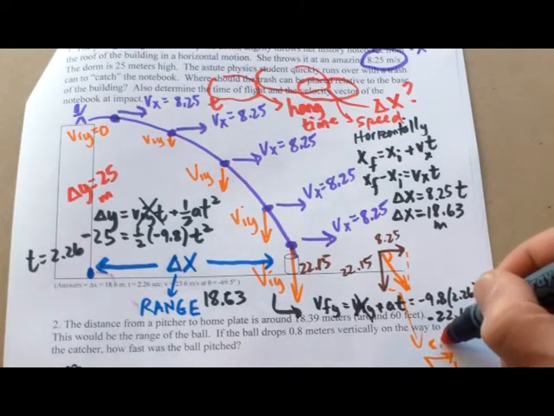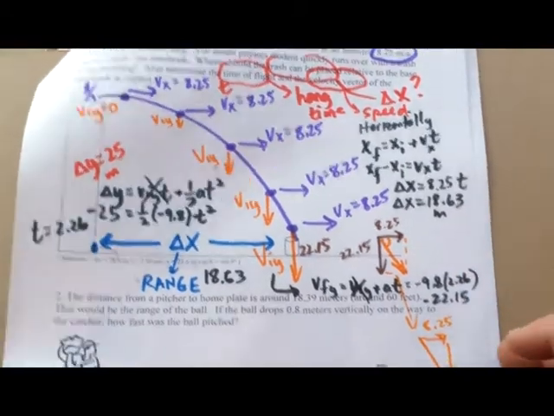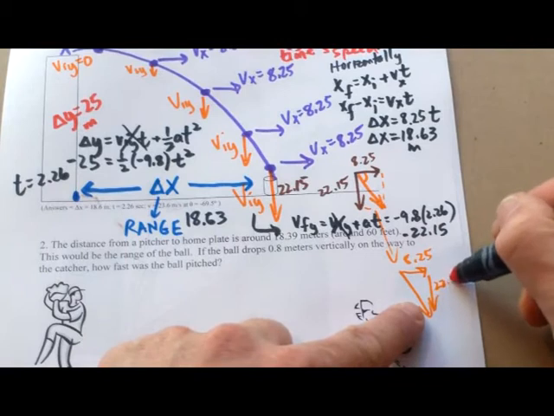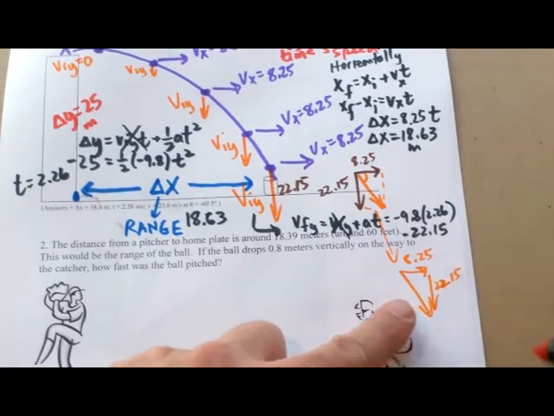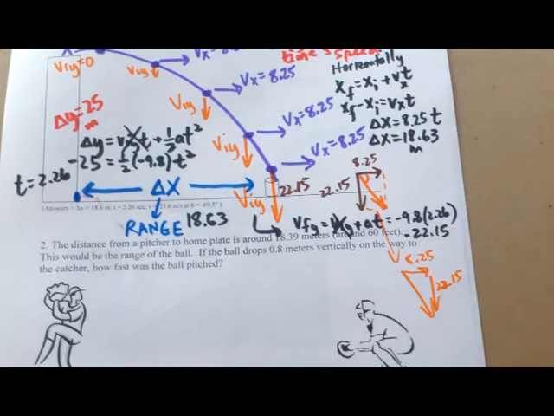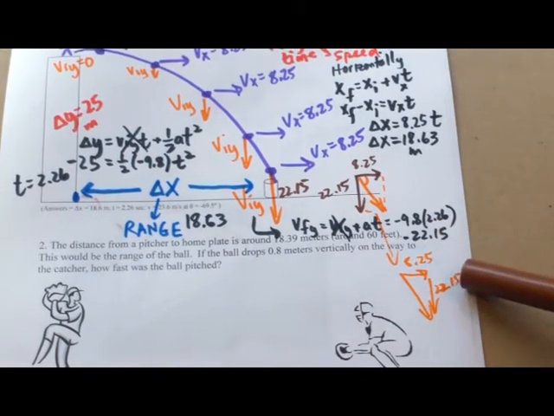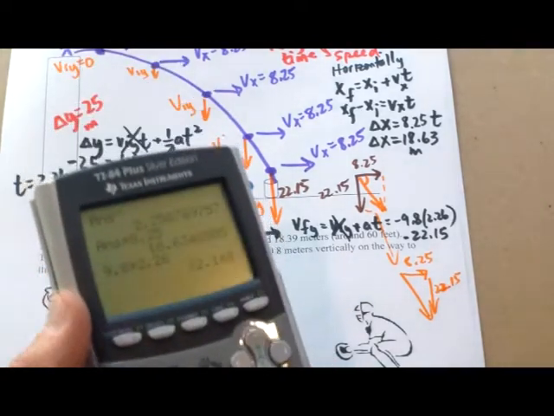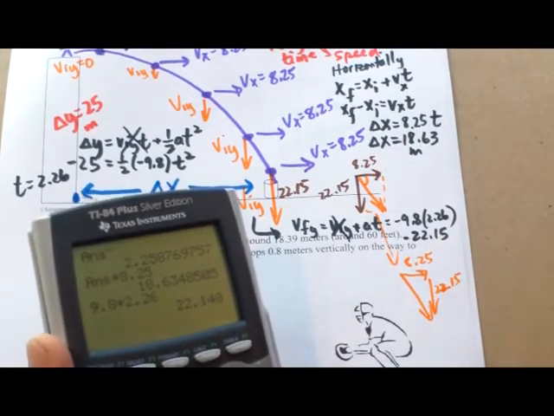Our two legs of our triangle, 8.25 and 22.15. Do you remember how to deal with this? Well, we want to get the hypotenuse. That would be the impact speed. Well, we've got to use the Pythagorean theorem, right? So we've got to square this, square that, and then add them up and take the square root.